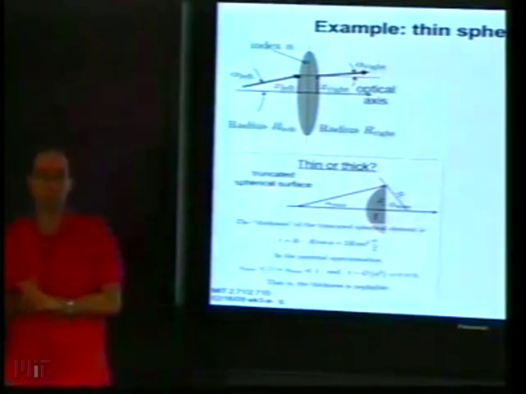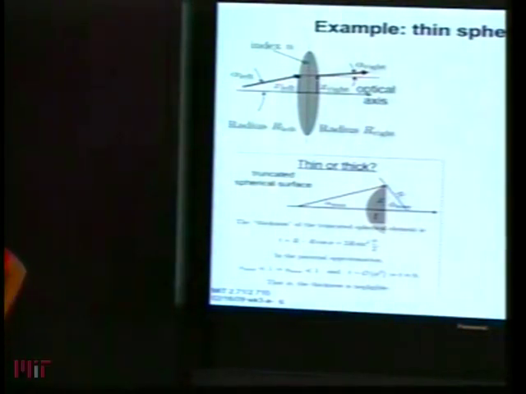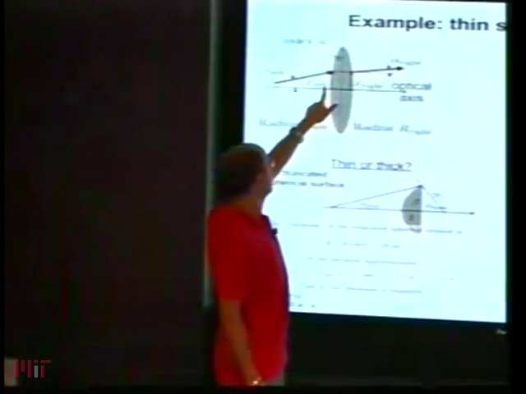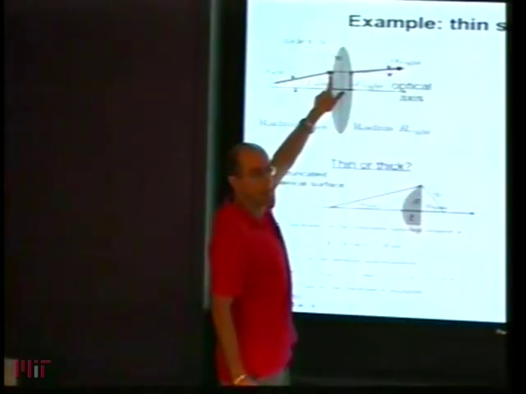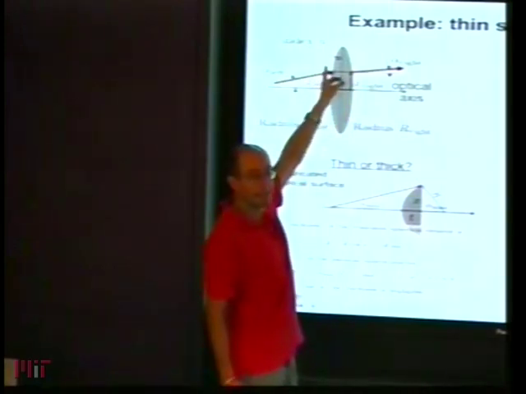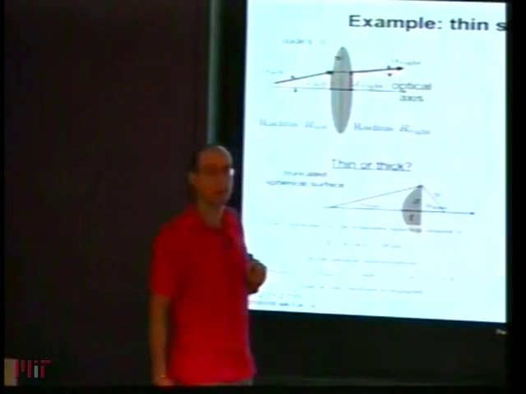This is what the thin lens approximation says. And that's very convenient because we can now analyze the lens. If I neglect this space, then the ray elevation before and after the lens remains the same, and we can also neglect refraction that might happen within the lens.